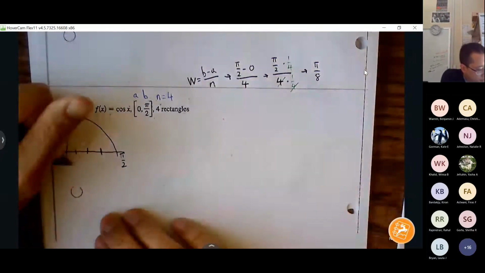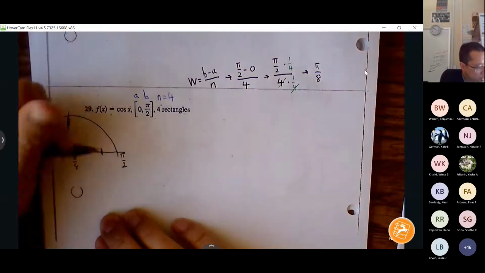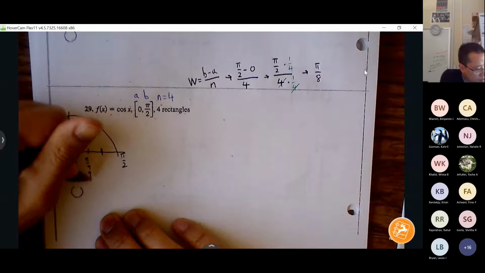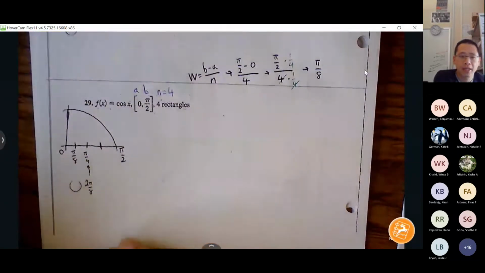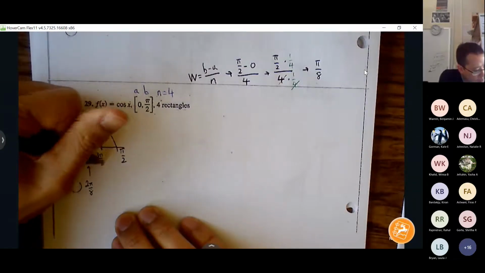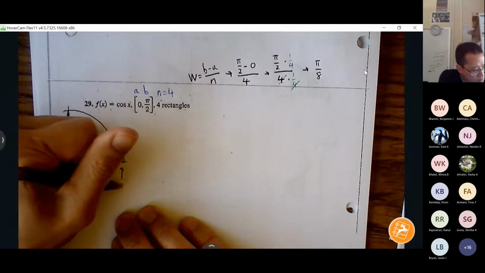So 0 plus pi over 8 is pi over 8. Plus pi over 8 is 2 pi over 8, which is the same thing as pi over 4. Plus pi over 8 is 3 pi over 8. Plus pi over 8 is 4 pi over 8, which is the same thing as pi over 2.